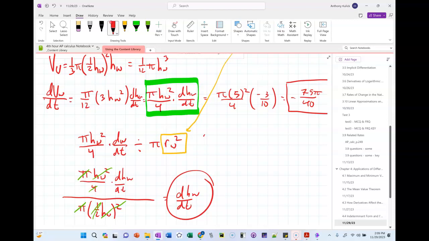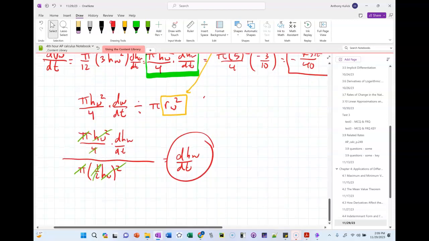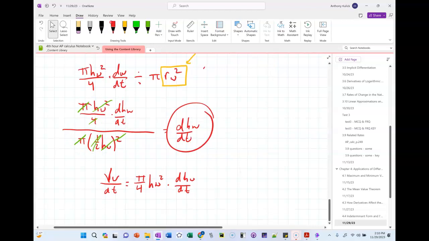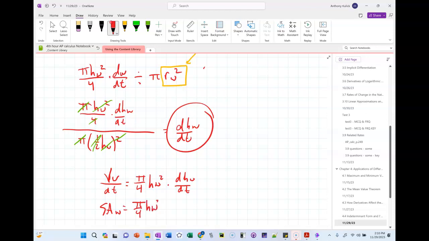That's my constant of proportionality. Because I see that dV_w/dt is equal to pi/4 h_w squared times dh/dt, and my surface area for the water is pi/4 h_w.